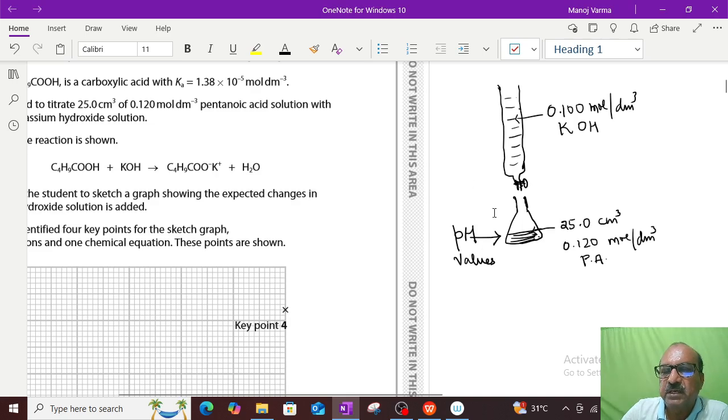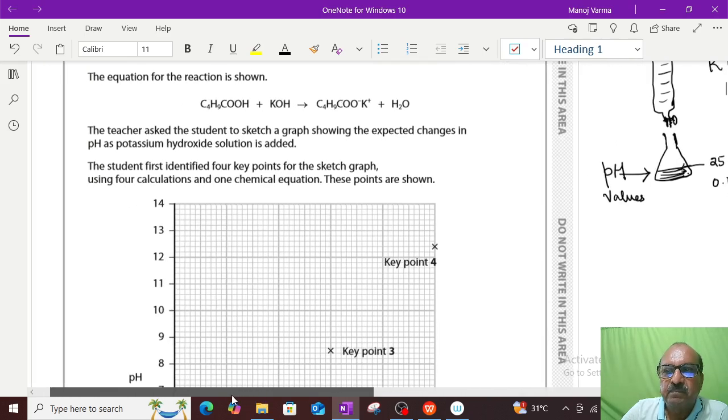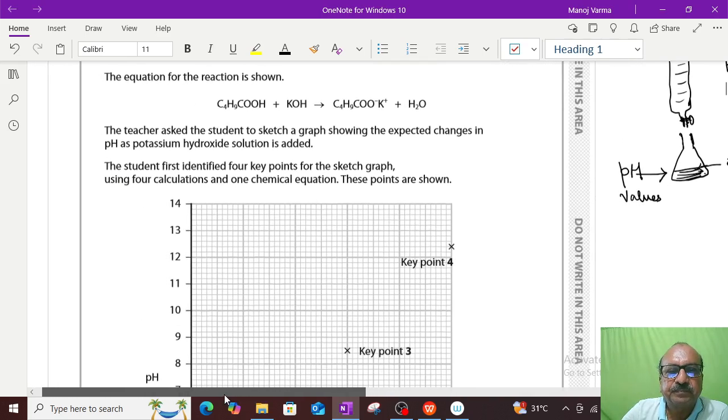After having this picture in mind, it will be easier for you to understand what is happening and how we are doing the calculations.